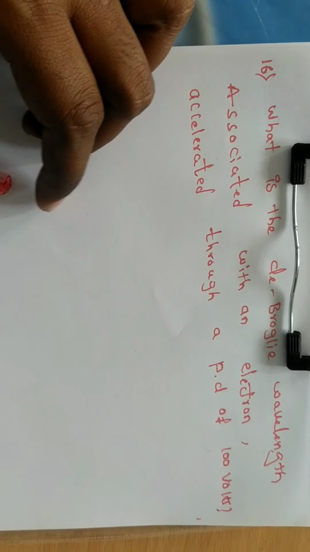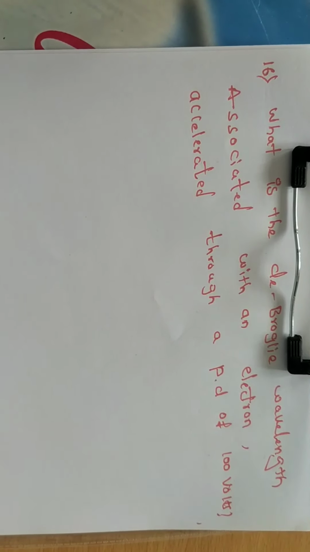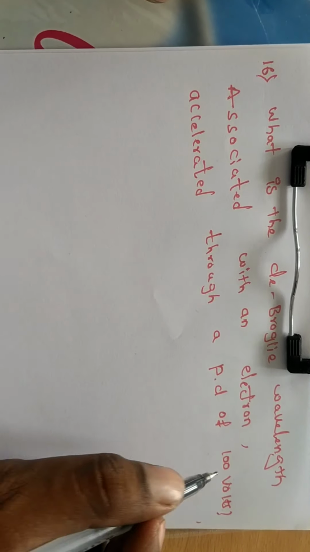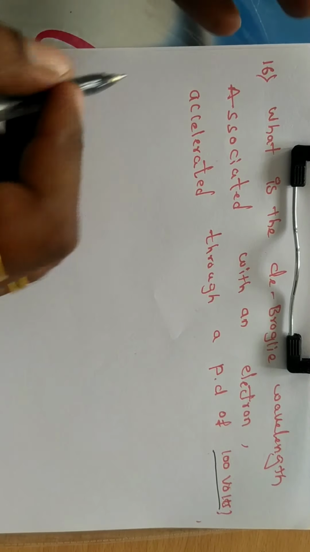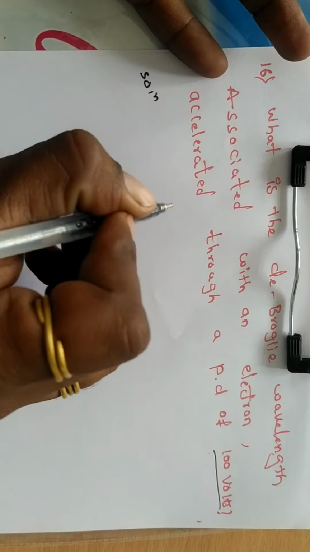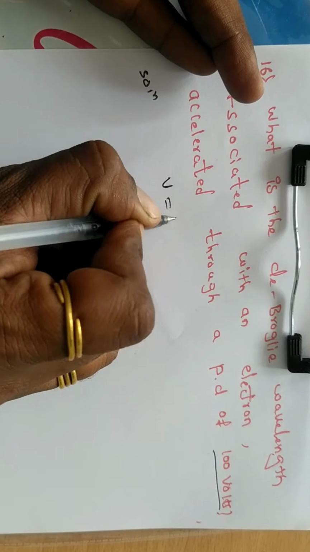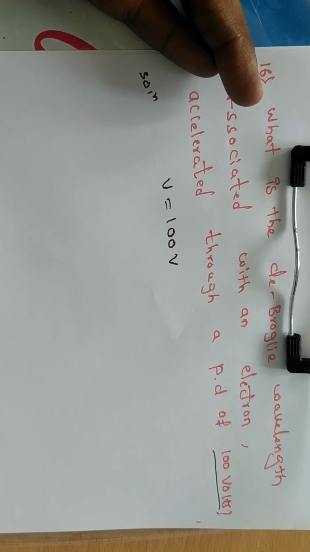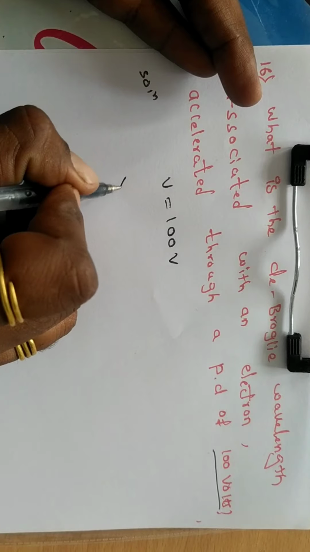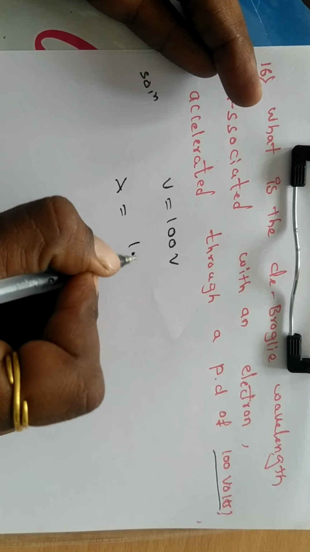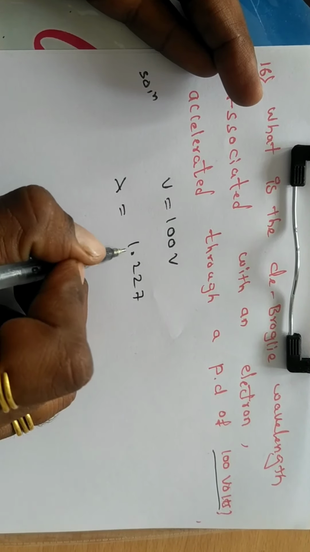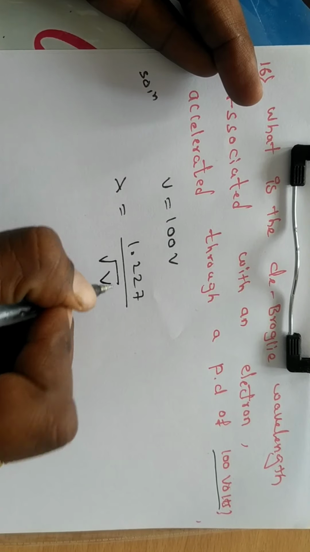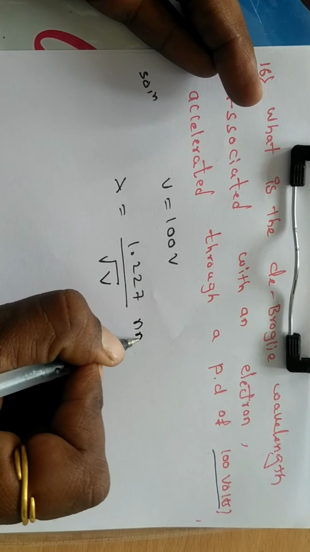Next, problem number 16. What is the de Broglie wavelength associated with an electron accelerated through potential difference of 100 volt? Solution, potential difference V is equal to 100 volt. de Broglie wavelength formula, 1.227 divided by root of V nanometer.